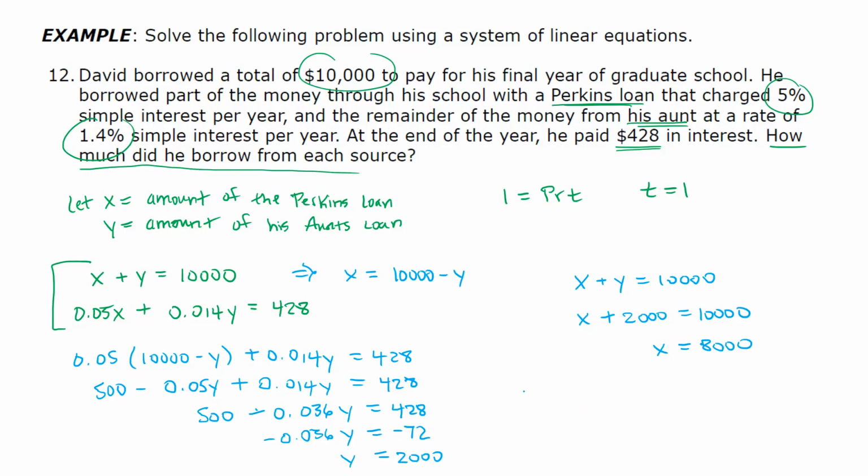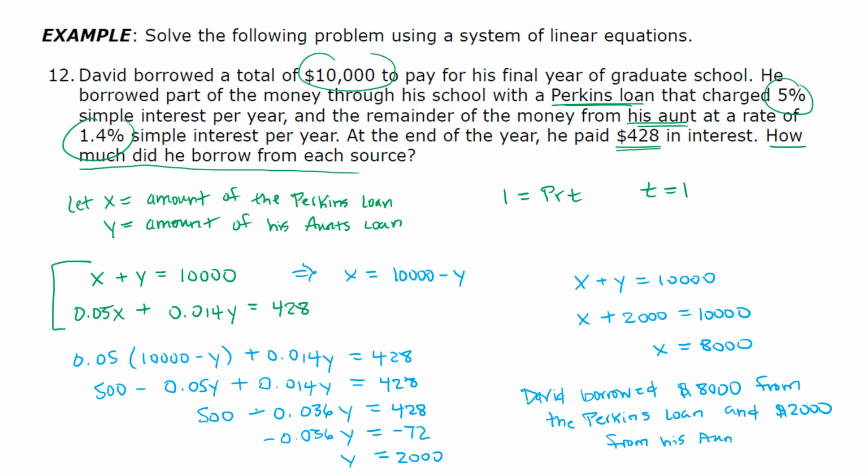Okay, so that means David borrowed $8,000 from the Perkins loan, because x represents the amount of the Perkins loan, and $2,000 from his aunt. Alrighty, great.